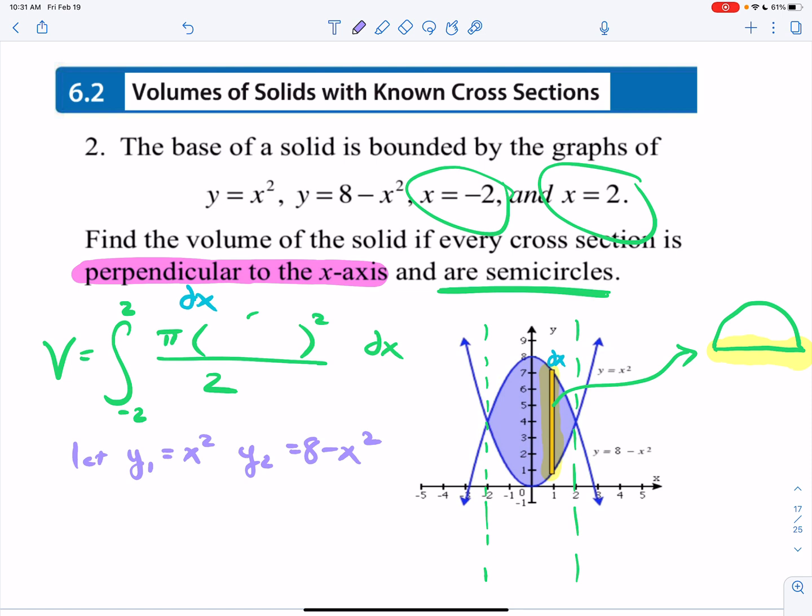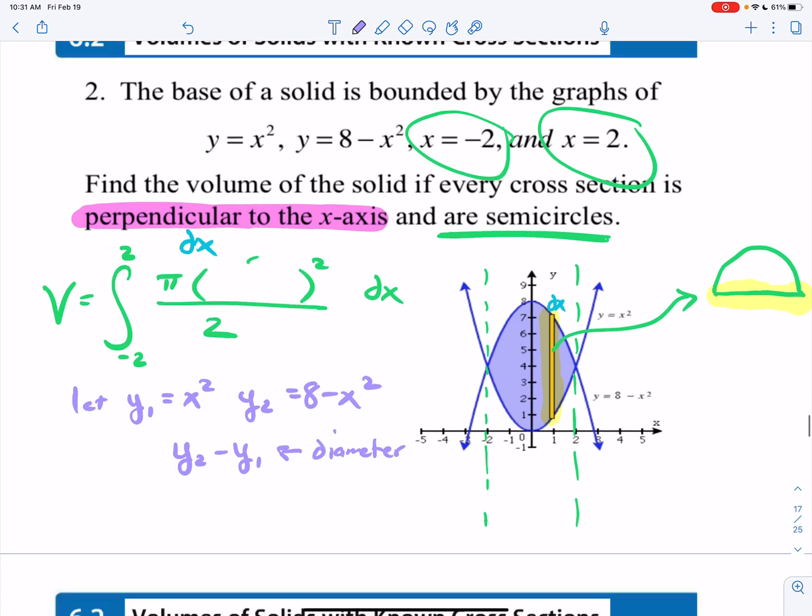So in this case, top minus bottom is really y2 minus y1. But that right there is your yellow highlight, which is really your diameter. So to get my radius, I need to divide all that by 2. That is my radius. Okay, which I'll let y3 represent because I want to make sure that when I type this out, it's easiest for me, okay? So this is really just y3.